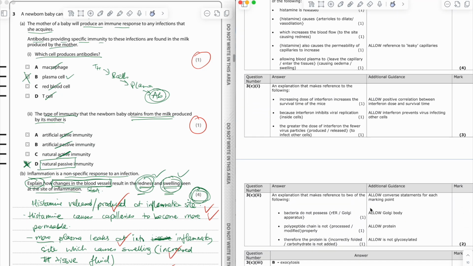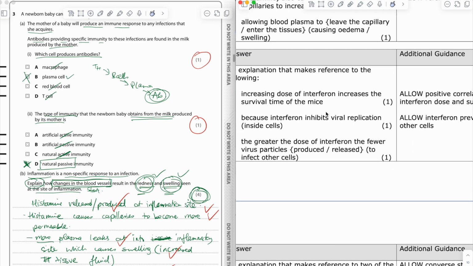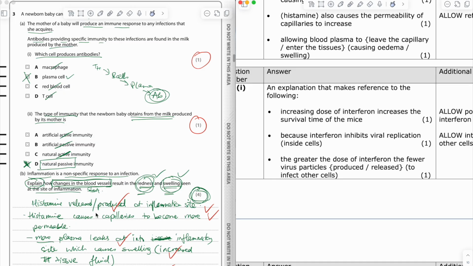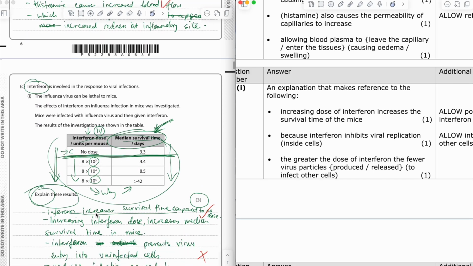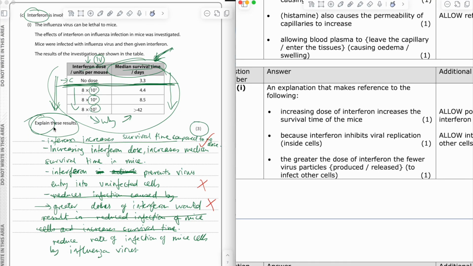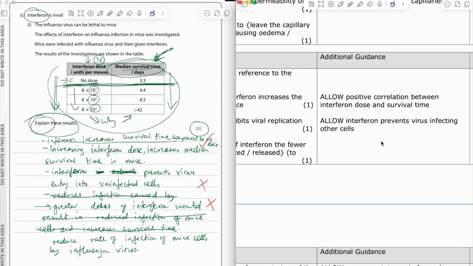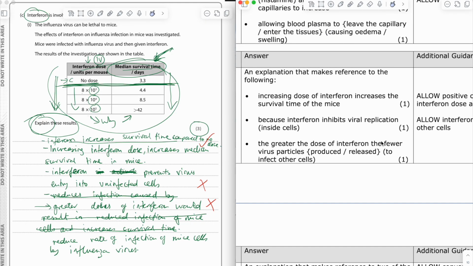3C is where I lost a lot of marks. So we'll zoom in on the main part of the mark scheme, because that's where you really want to be working. Okay, so explain the results. Increasing dose of interferon increases the survival time of mice. So I got that mark for describing the data. Fine. Because interferon inhibits viral replication, allow interferon prevents virus infecting other cells.